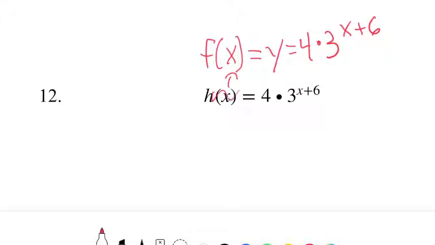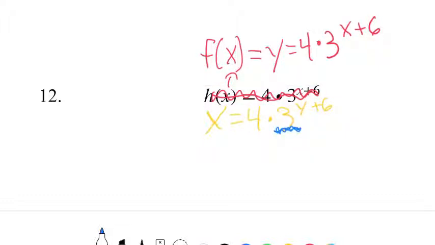So now we don't have to look at the h of x. So I'm going to switch it. So I've got x instead of y equals 4 times 3 raised to the y instead of x, because we're taking the inverse, plus 6. So the base of our exponent is not by itself yet, so we can't do anything about the exponent yet.